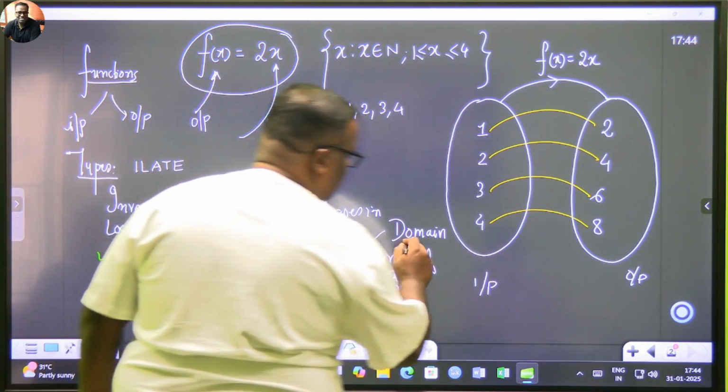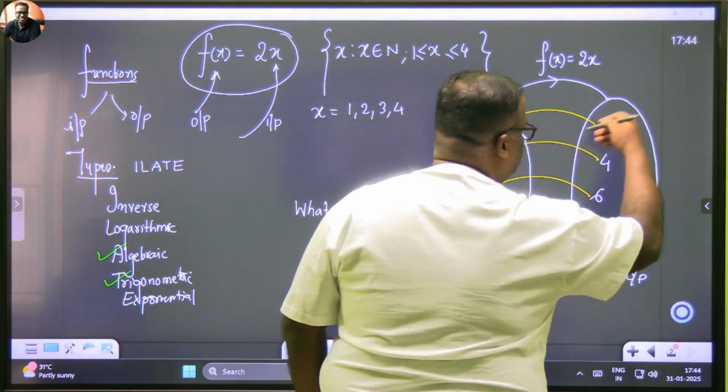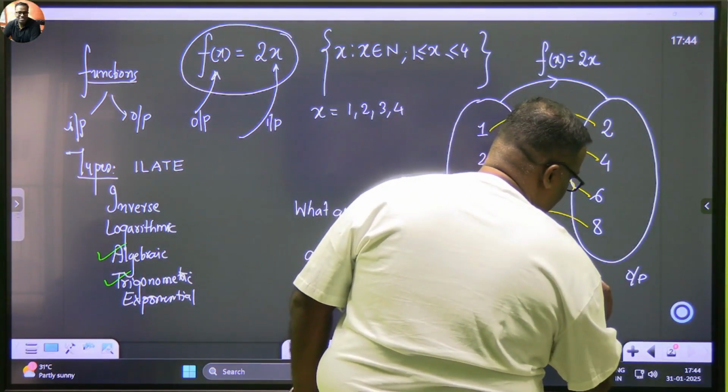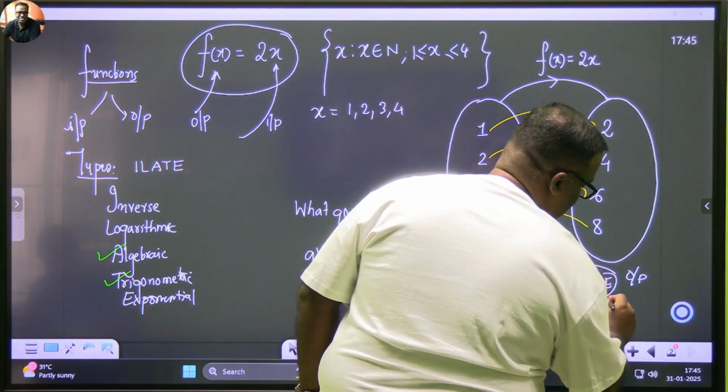Okay, we have to calculate domain and range in many functions, and all the outputs that you get for each corresponding input, this is known as your range.